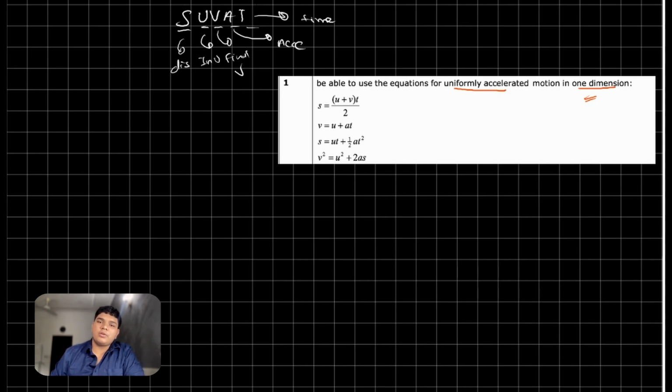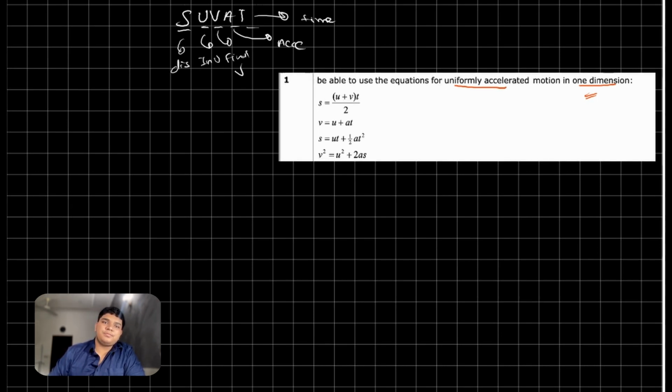So let's look at the first one. S is equal to (U plus V) divided by 2, multiplied by T. So the displacement is equal to the initial velocity plus the final velocity, divided by 2, multiplied by time. That is your first equation.